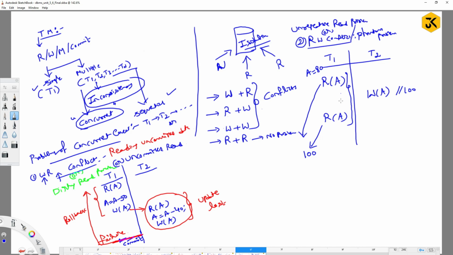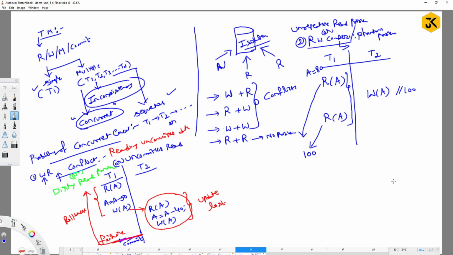We are trying to read the same data again and again, but getting different results. Simply put, when a transaction reads the same data twice and produces different results, we call it a read-write conflict.